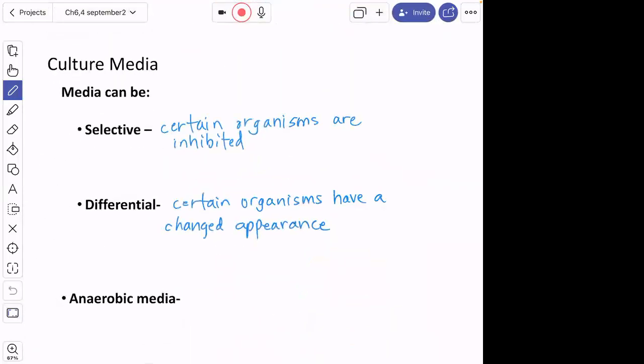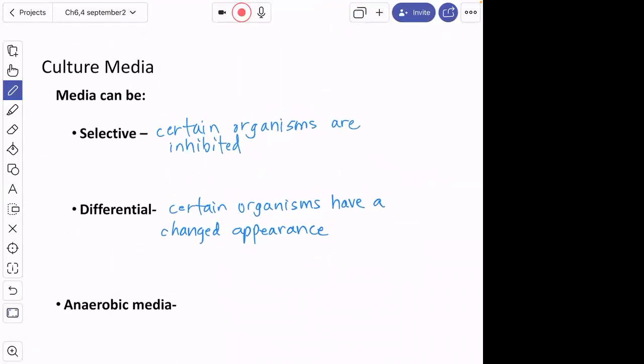The last thing there, anaerobic media. This doesn't really fit here very well in my mind, but this is just media that has some way to get rid of oxygen. Some bacteria prefer to live without oxygen or need to live where there's no oxygen.